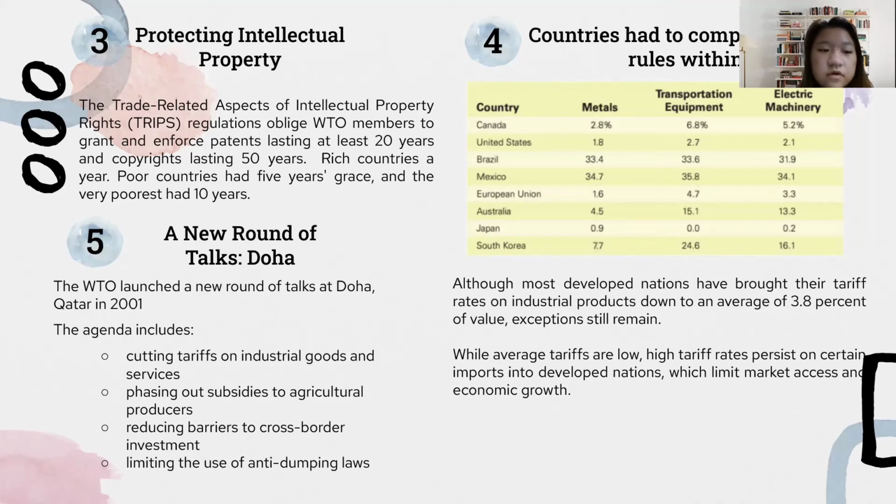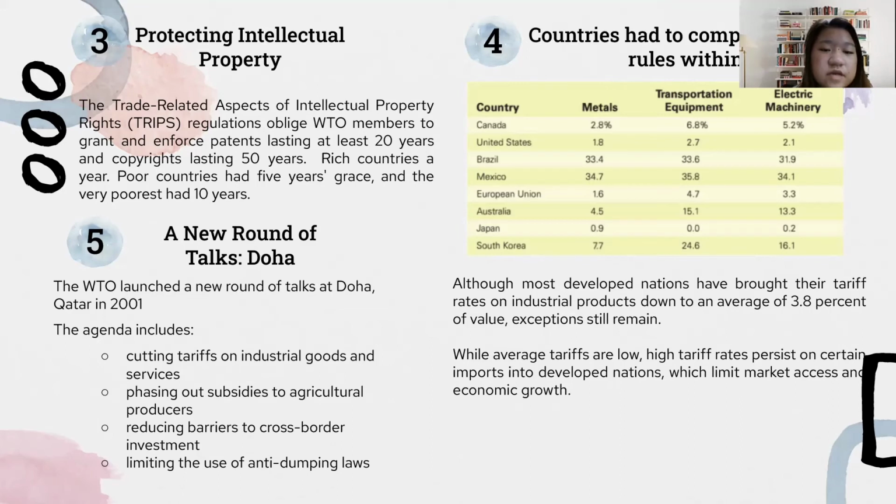The fourth is tariff rates. Although most developed nations have brought their tariff rates on industrial products down to an average of 3.8% of value, exceptions still remain. While average tariffs are low, high tariff rates persist on certain imports into developed nations, which limit market access and economic growth.